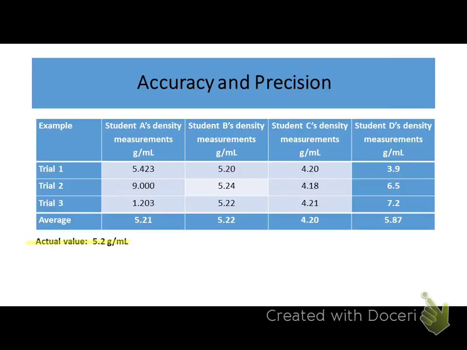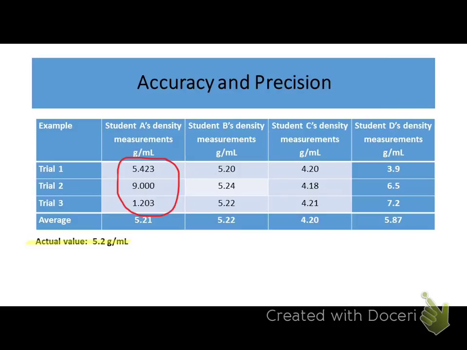So let's look at student A. What we want to do for student A is see if the data for the 3 trials is accurate and precise. Okay? So what do we think? Let's look at our 3 data points here.